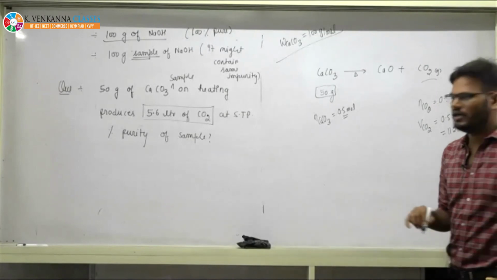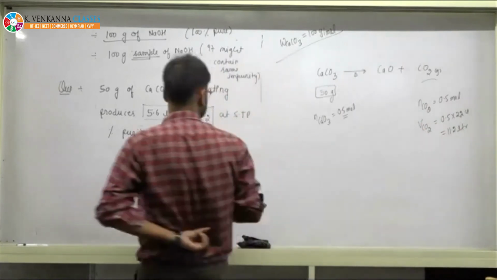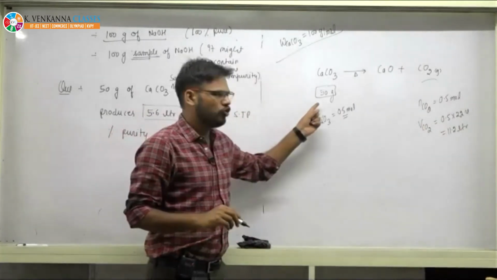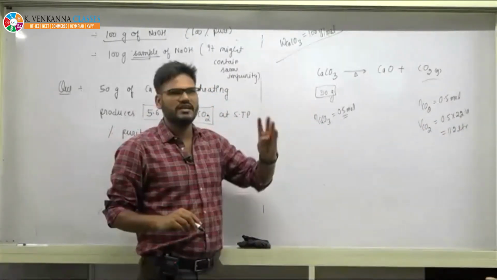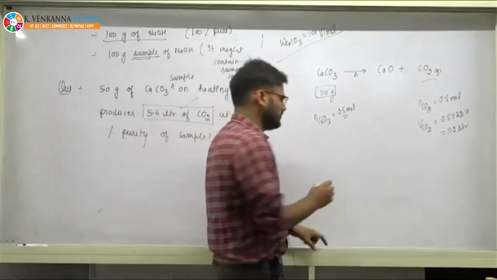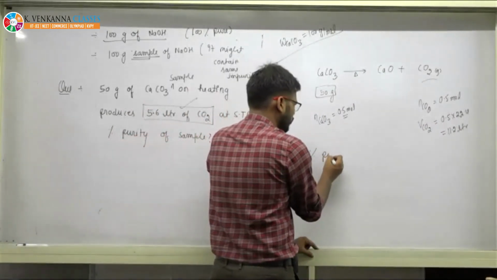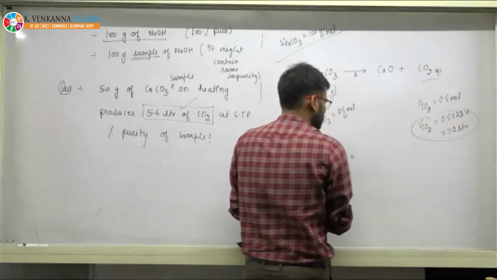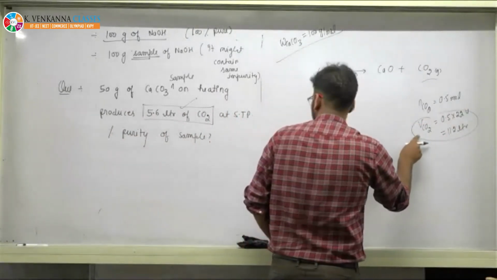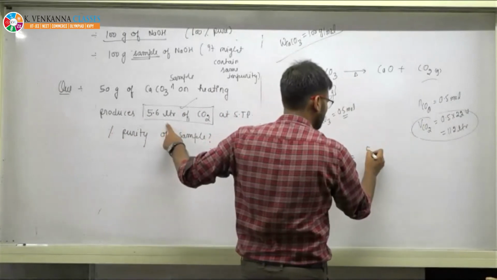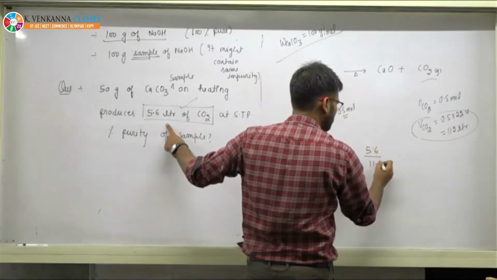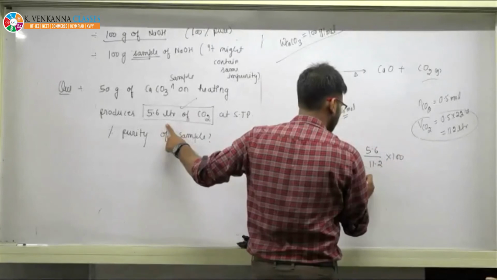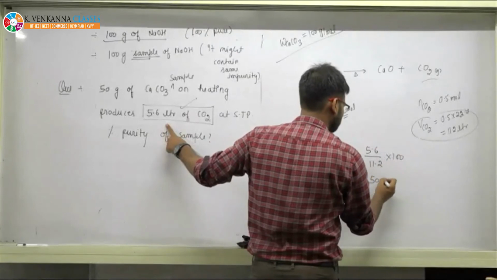But we are getting only 5.6 liter. That means out of 50 gram, only 50% is pure. That is why we are getting only half of this. So 5.6 upon 11.2 into 100, that is 50%.